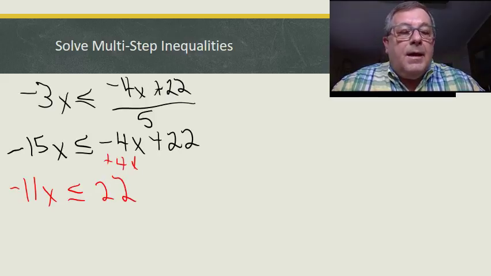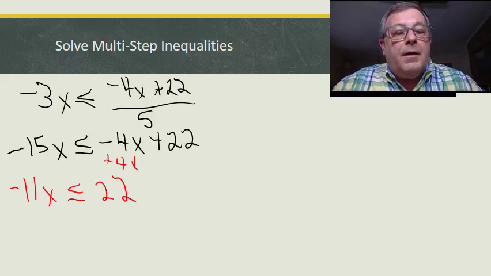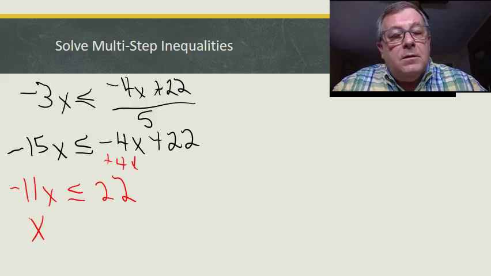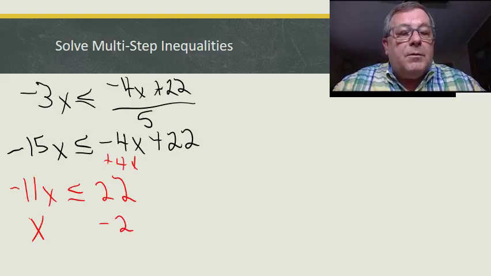22. And so now that I've got my variable isolated, I'm going to divide both sides by negative 11, and that's going to leave me with x is less than or equal to negative 2. But now what about my inequality symbol?